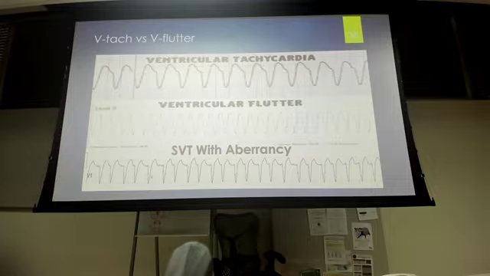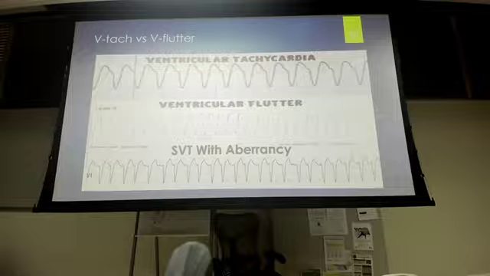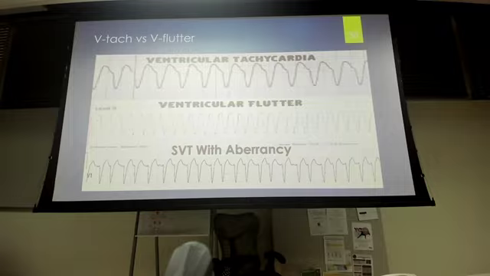You don't really need to know the difference between these three. I mean, you do need to know V-flutter and VTAC, but you don't need to figure out, is this SVT with aberrancy? Is this VTAC? Because guess what? The treatment is the same. And Dr. DeBoer, when he teaches you cardiology, he's going to talk to you about the treatment. I don't want you to focus on treatments in EKG because it's hard enough for us to learn EKG, let alone add the treatments.